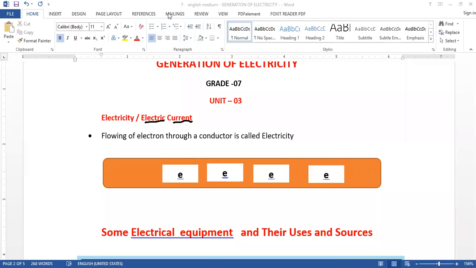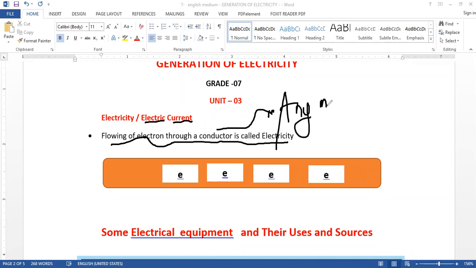So, electric current or electricity, what is that? Flowing of electrons through a conductor is called electricity. What is a conductor? A conductor means any metal or any object that conducts electricity. Insulator is another word.